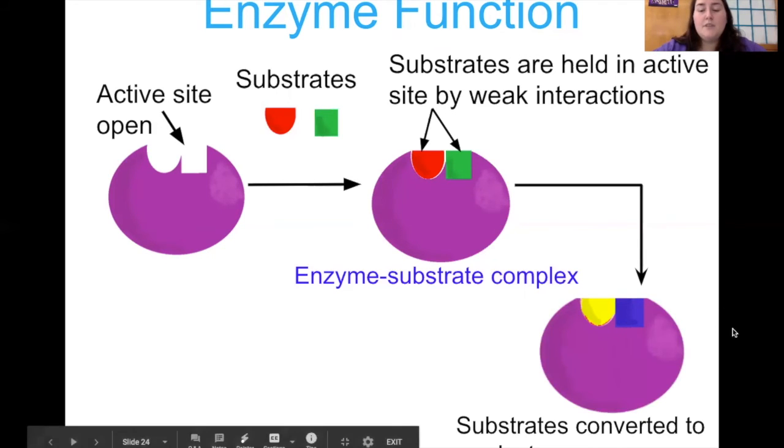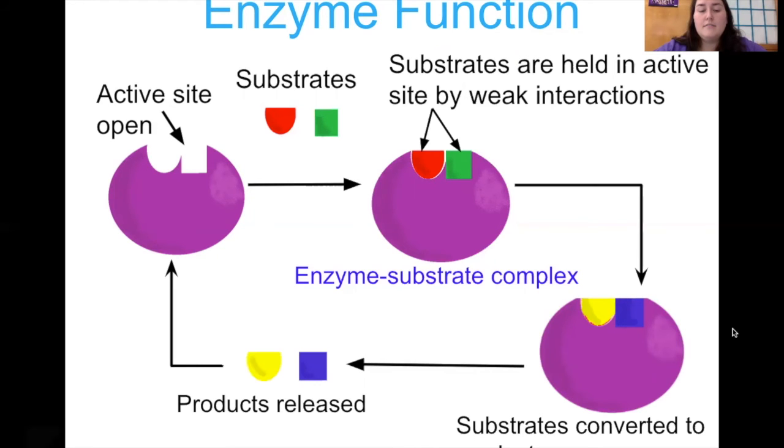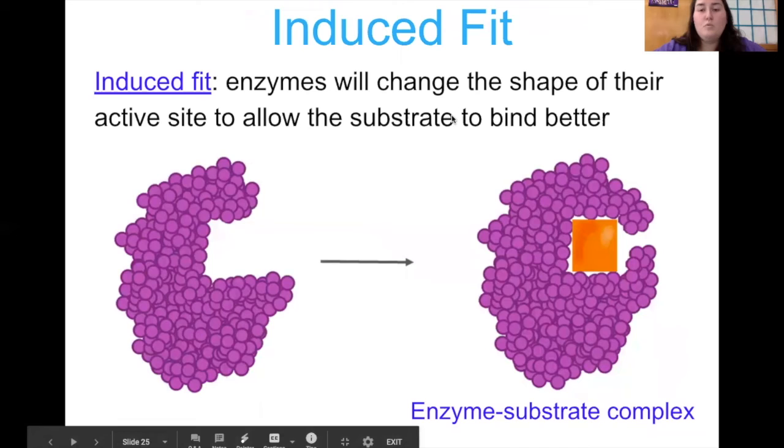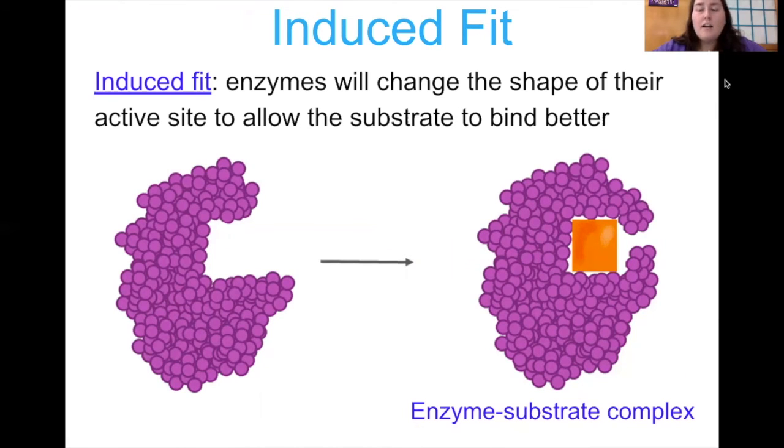Those substrates get converted into products, and once they are released, they can do more work. Enzymes are kind of like a lock, and they need keys in order to open them. There are different types of keys in enzymes, and we're going to talk about them right now.